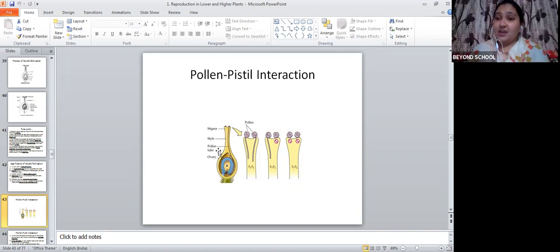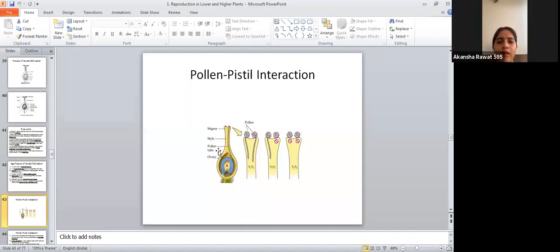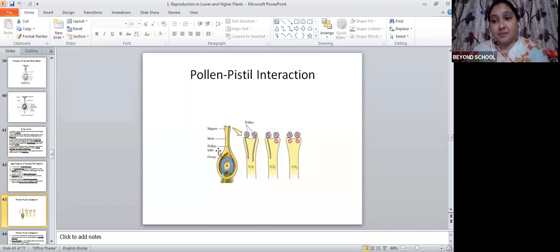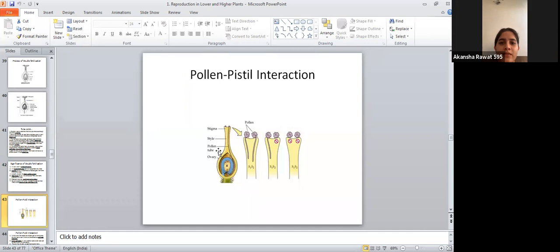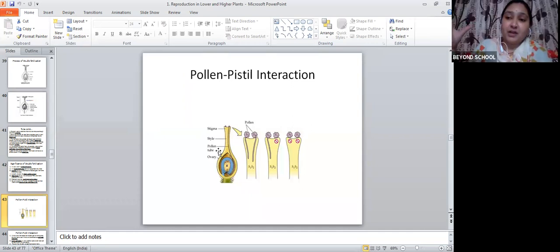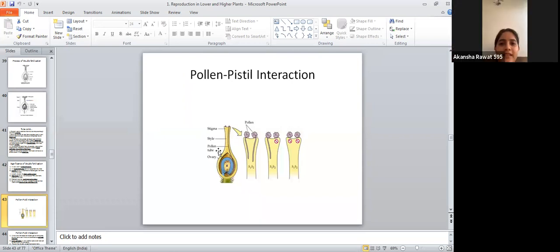In the same way, in plants also there should be a proper interaction, means the proper identification of the pollen grain by the stigma. Why? Is it possible that on a rose plant a shoe flower grows? No, right? Or on a shoe flower a mango fruit grows? No, right? That would be something fishy happening in nature, isn't it?